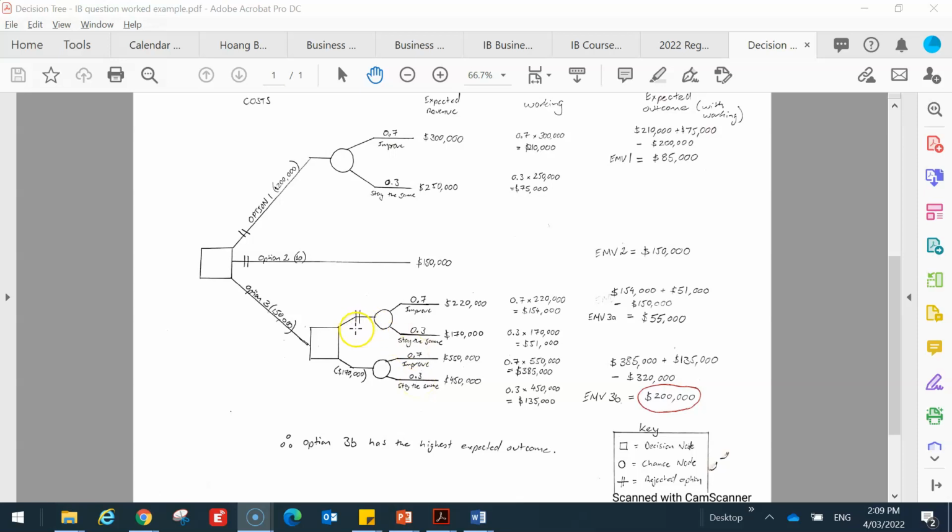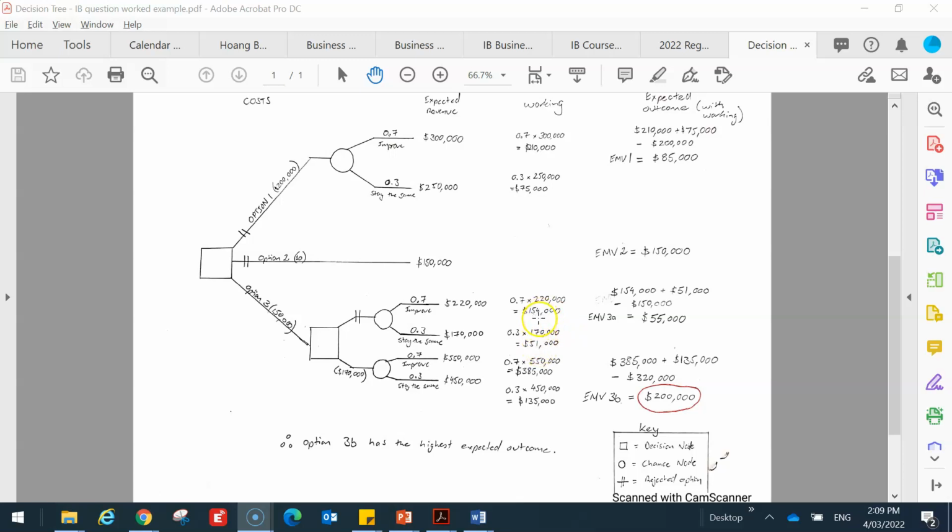Keeping in mind there's no additional costs to 3A. Yes, it's going to cost $150,000 to become a private limited company, so the legal fees, but there's no additional cost because they're not offering any further products in their range. Right, so again, some simple calculations, and we can see here that we end up with these particular values.